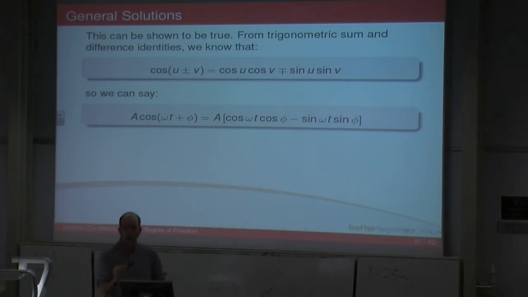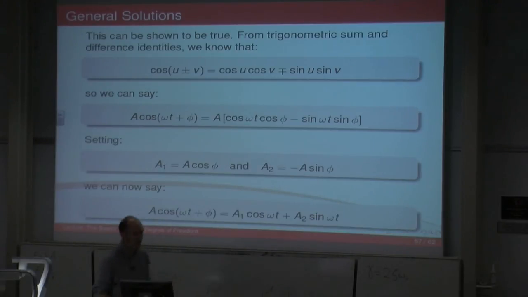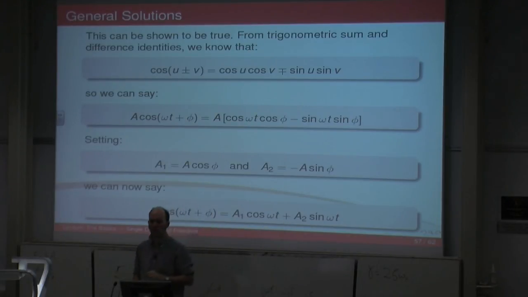Now if we set A1 to be cosine phi, and we set A2 to be minus sine phi, then you can say therefore that A cosine omega t plus phi is A1 cosine omega t and A2 sine omega t.